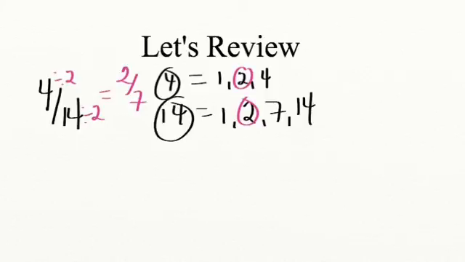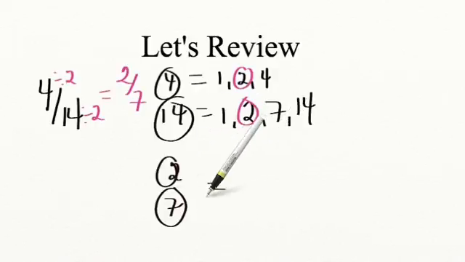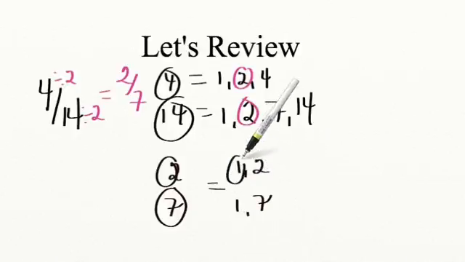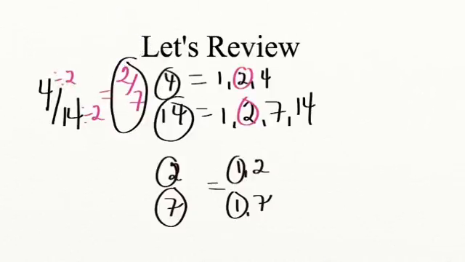You need to check your work and make sure that the greatest common factor of your reduced fraction is 1. So let's list out the factors of 2 and 7. 2 and 7 are both prime numbers, which means the only factor that they share is the number 1. So that means that the simplest form of 4/14 is in fact 2/7.